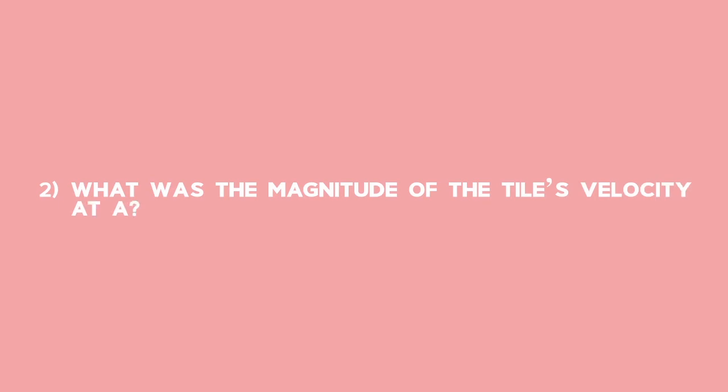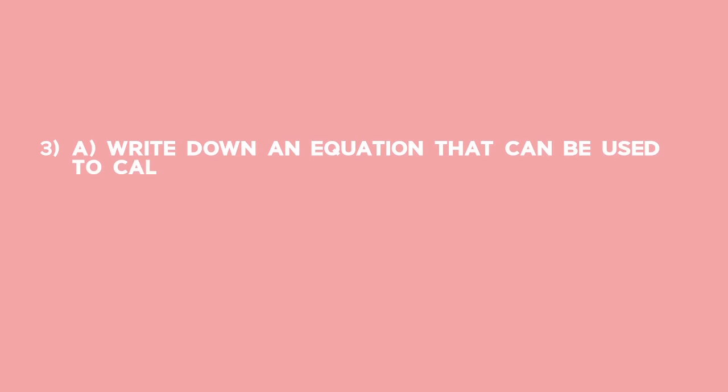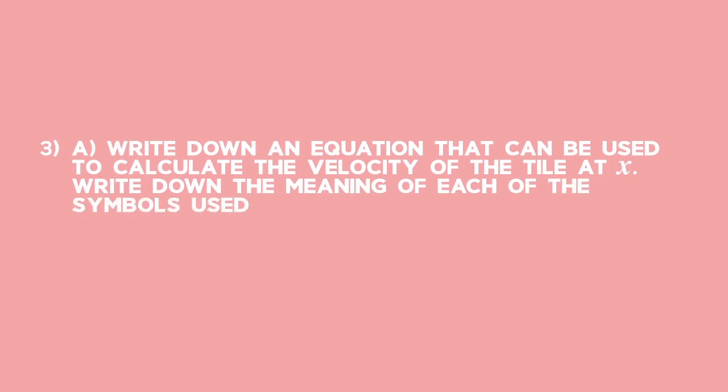2. What is the magnitude of the tile's velocity at A? 3. A. Write down an equation that can be used to calculate the velocity of the tile at X. Write down the meaning of each of the symbols used in this equation.